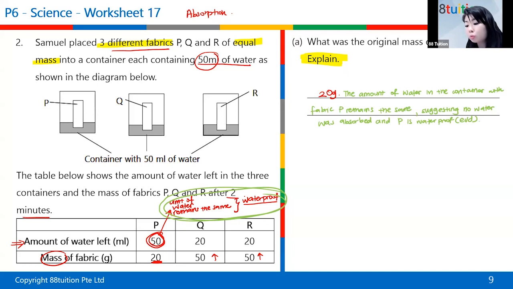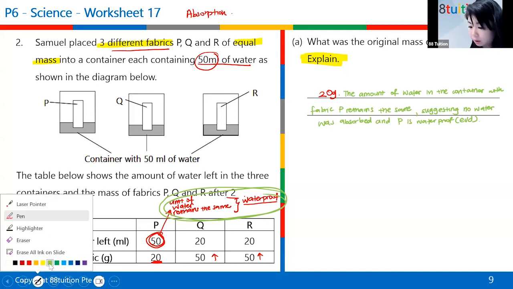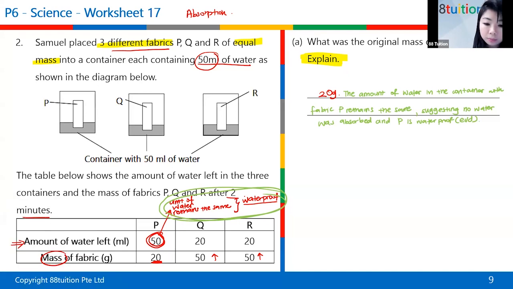Then I need to go on to talk about the mass. Because it's waterproof, it didn't absorb anything. So this is the original mass. So 20 grams is the original mass of the fabrics.